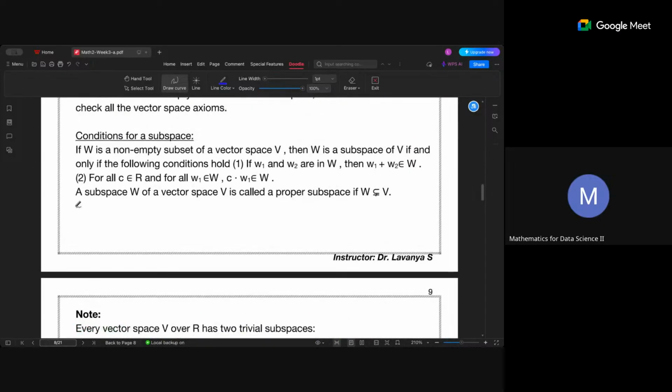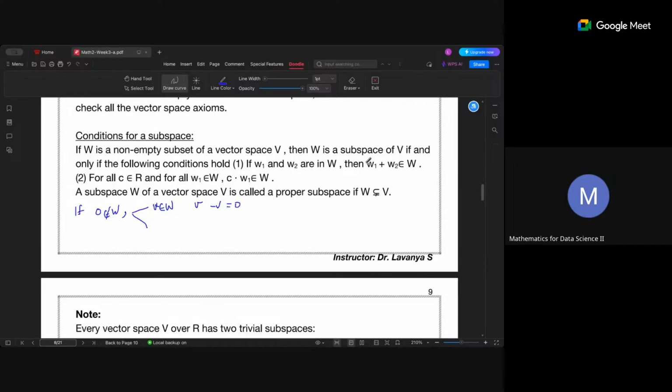So let me explain that. If 0 does not belong to W, then both these conditions will fail. How? Take any v in W, so v plus minus v should be 0, right?